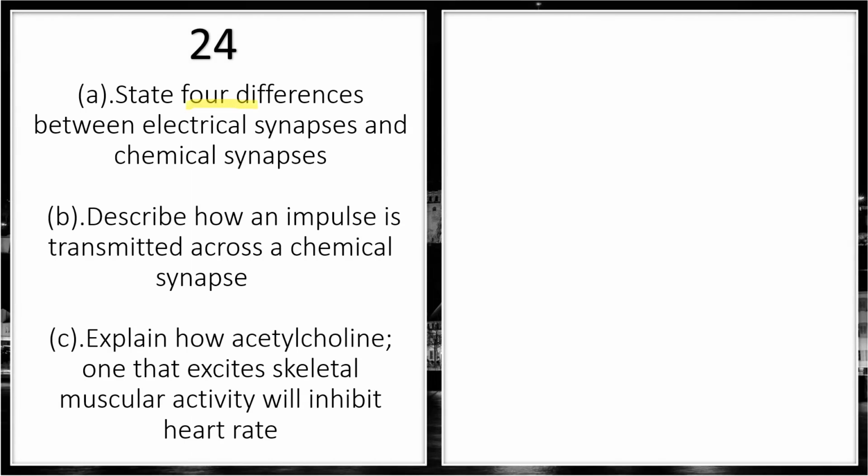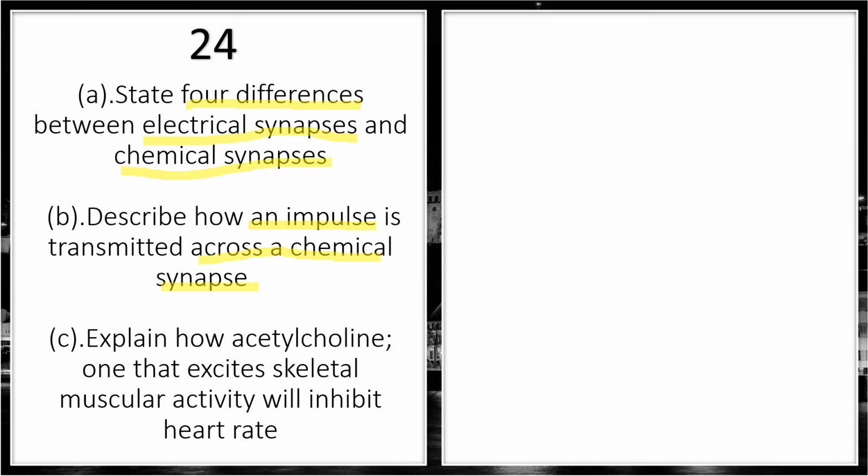State 4 differences between electrical synapse and chemical synapse. Part B. Describe how an impulse is transmitted across a chemical synapse.